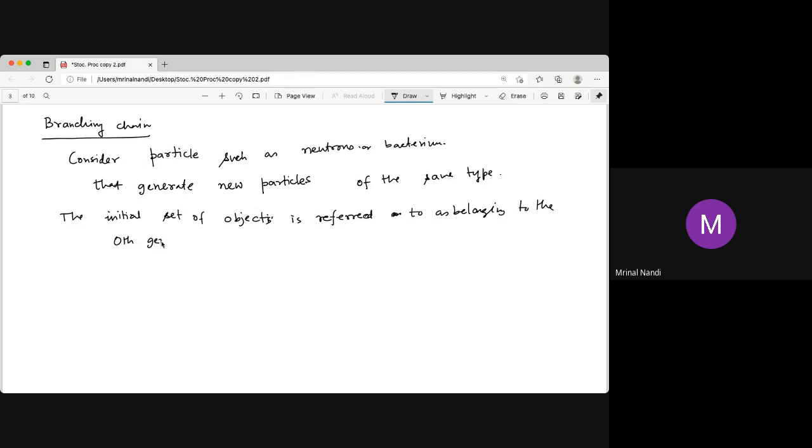So start with the zeroth generation. So there are 2 rabbits in a colony, or 4 rabbits in a colony, and this is called the zeroth generation.